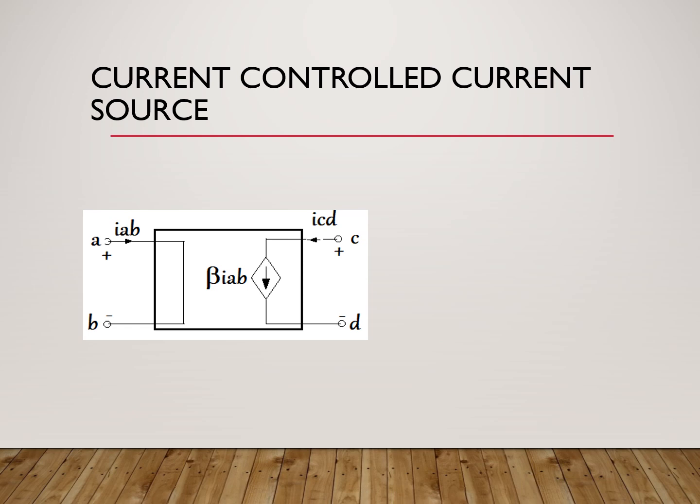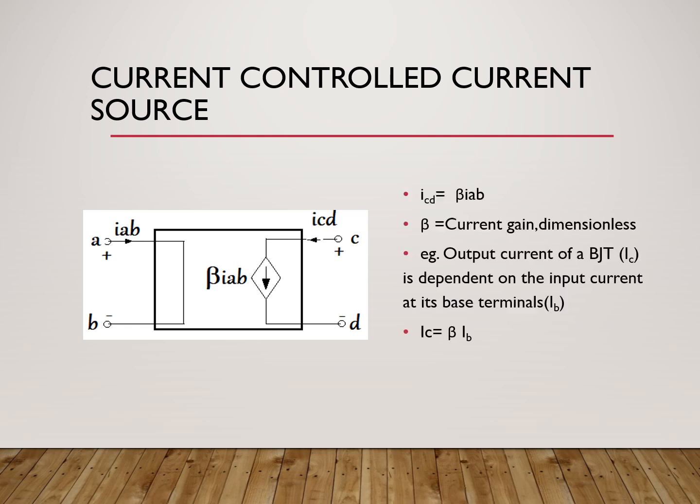So output current divided by input current is a dimensionless quantity, which is equal to beta. So ICD is proportional to IAB, and the proportionality constant is beta. So beta is ICD divided by IAB, and it is dimensionless, right?